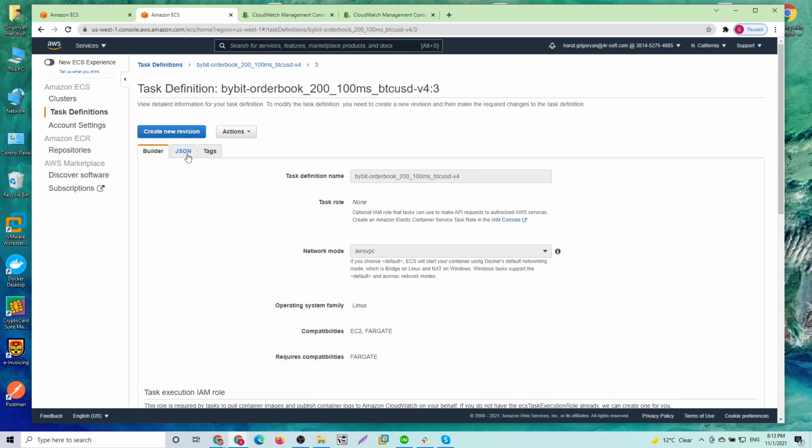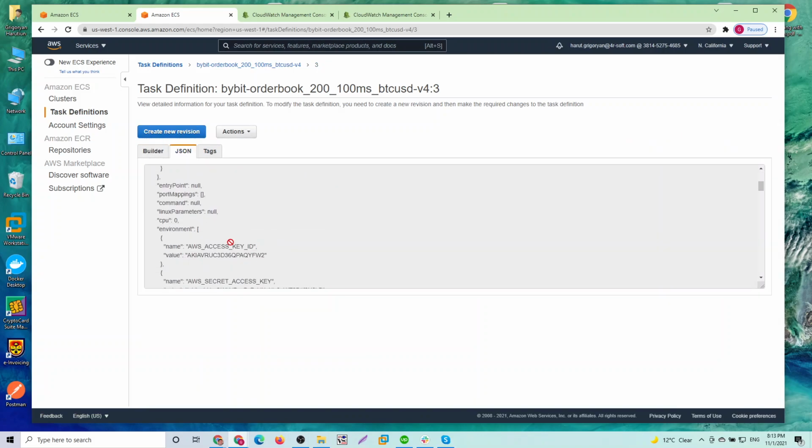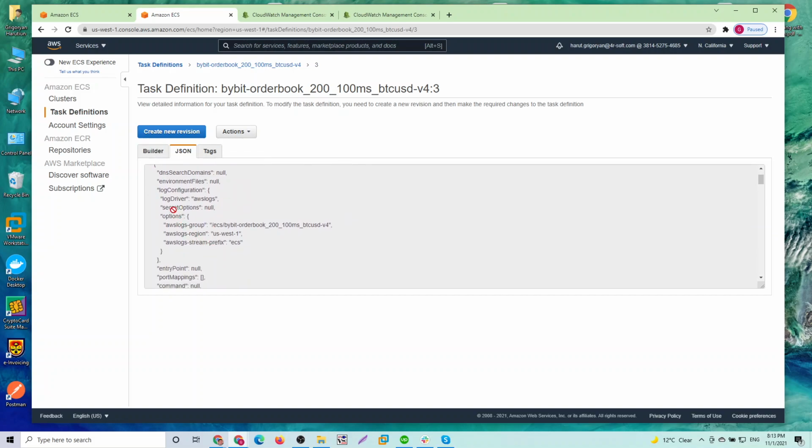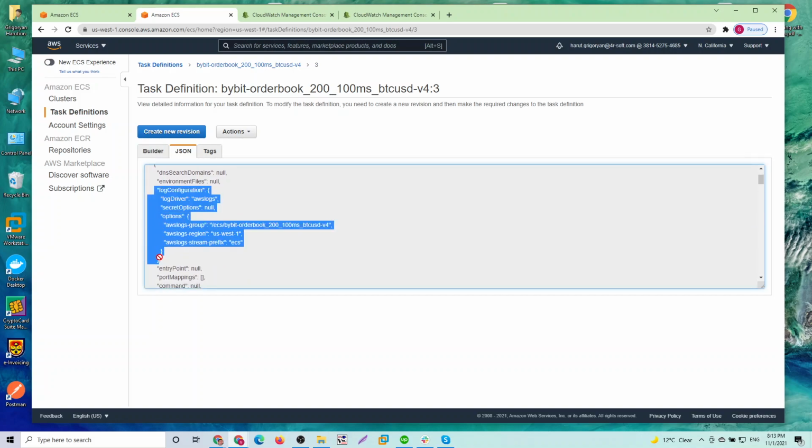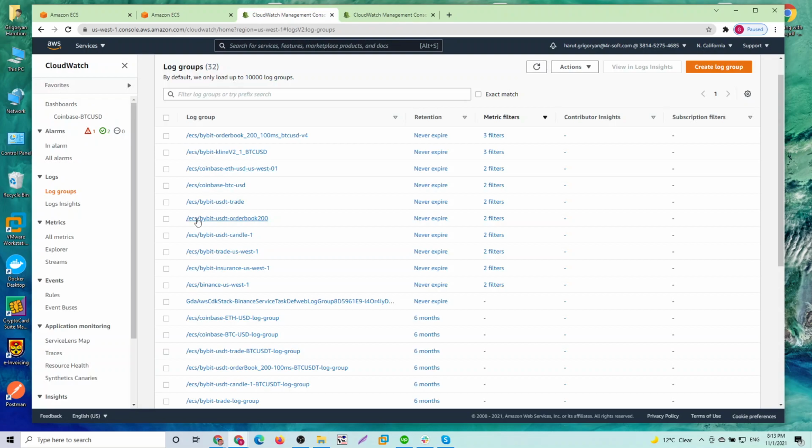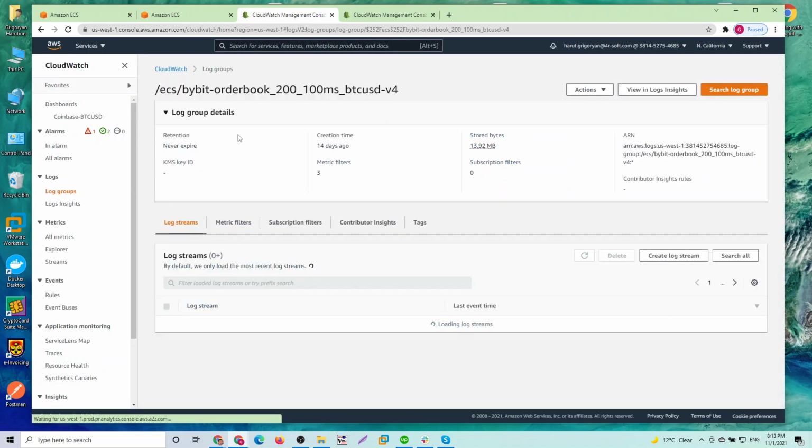Okay, and here we have a configuration for the log. Where it goes, it's the group called ECS, Bybit, order book 200. And let's find this here. Yeah, this is the first one.